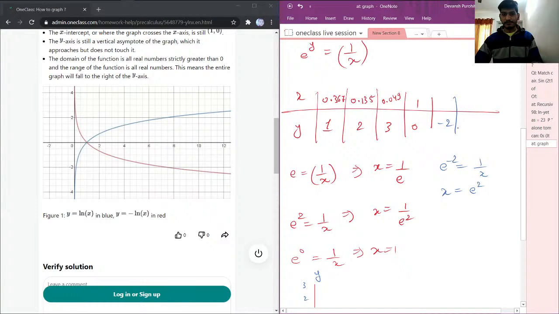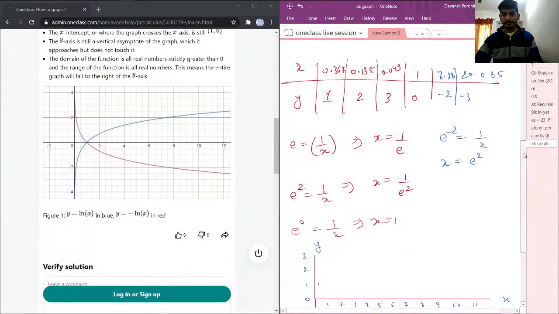I'll just write e square, 7.38. Then for y equal to -3, we have e cube, 20.085.